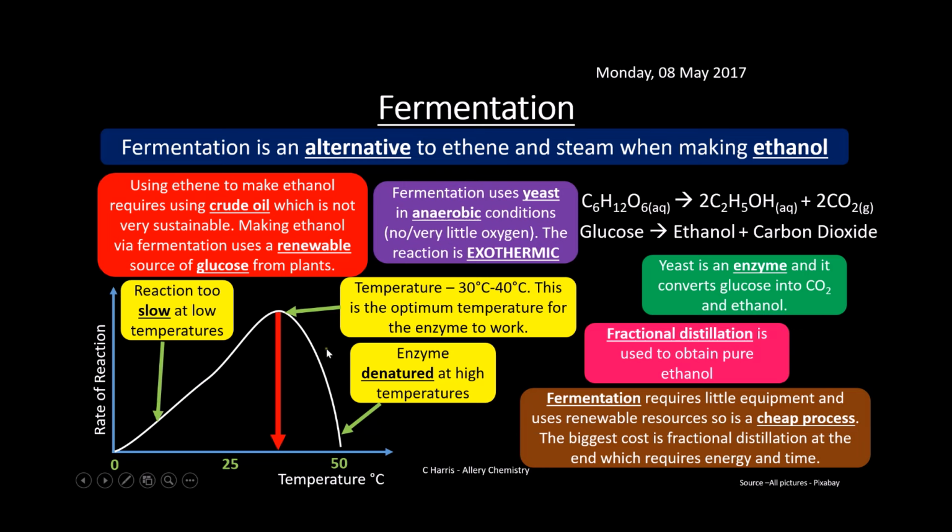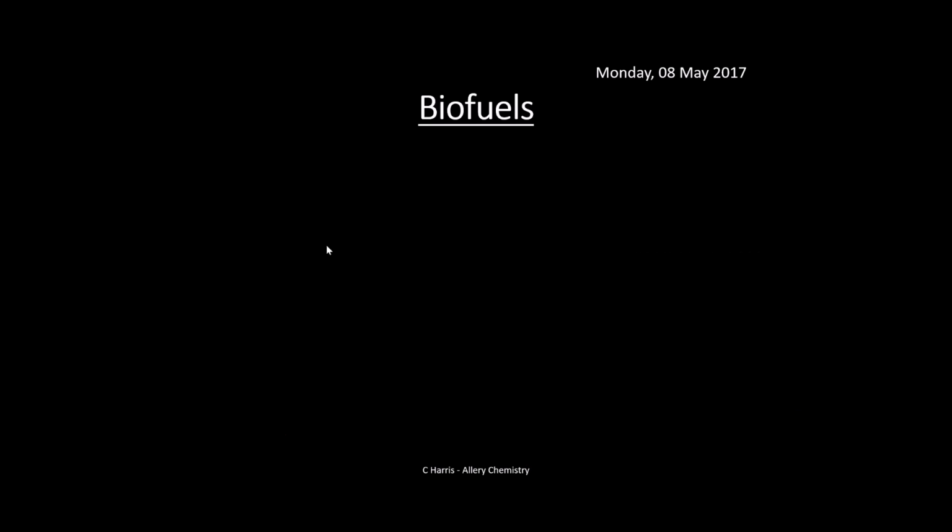I suppose the biggest cost for this is the fractional distillation, but that obviously requires a bit of heat, and you'd have to pay for the energy for that, etc. But overall, it's a cheaper process. The problem is though, it's quite slow. You don't get a massive yield from this as well, but nonetheless, it is more renewable than crude oil.